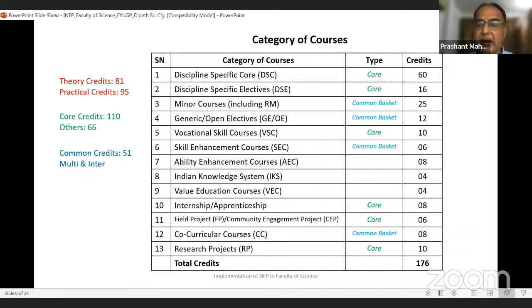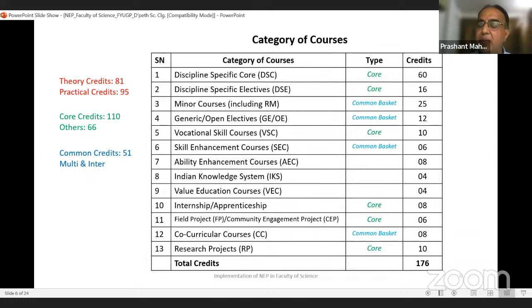Let us come to the third aspect, which is the common basket, and which is very important to understand, especially for those who are involved in admission counseling, those who are involved in guiding the students coming to you for admission to first year. This is very important for them because they need to be very cautious while explaining to them. If you see, serial number 3, 4, 6, and 12, I have mentioned them as common baskets.